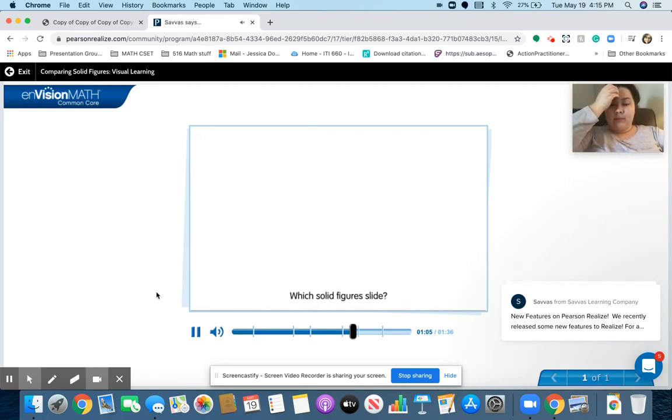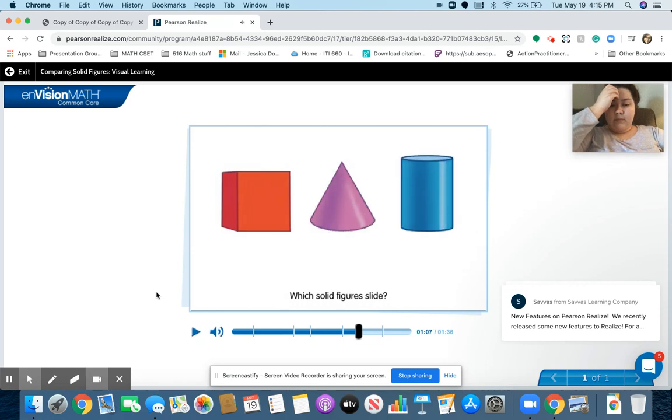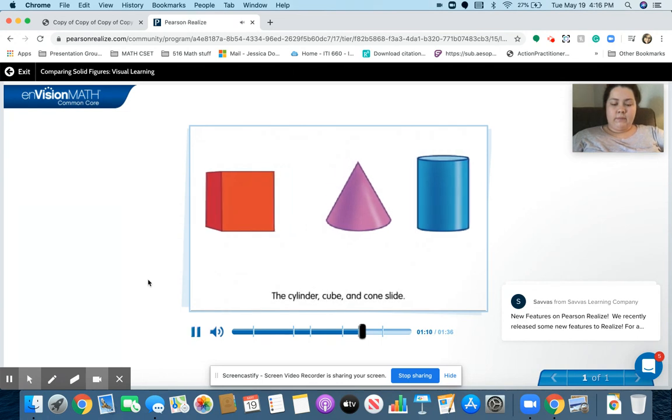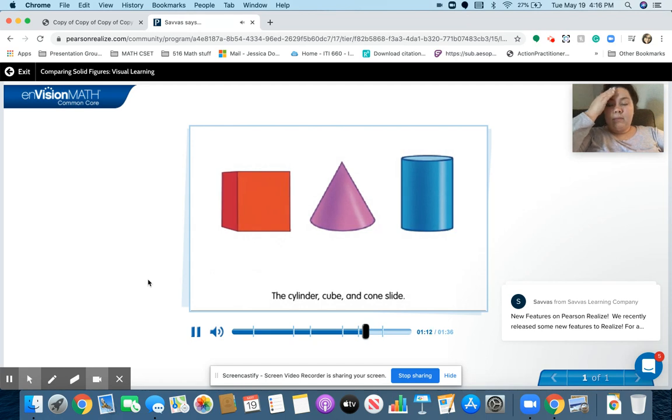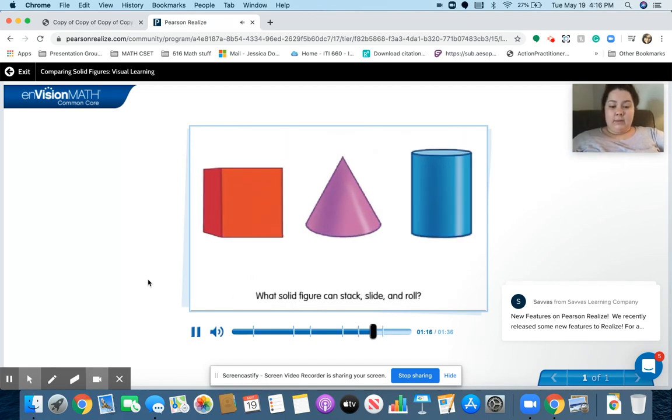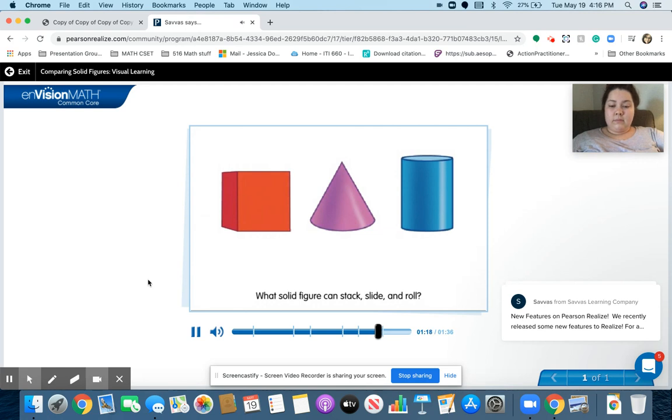Which solid figures slide? Ooh, which of these can slide, scholars? The cylinder, cube, and cone slide. They can all slide. What solid figure can stack, slide, and roll?